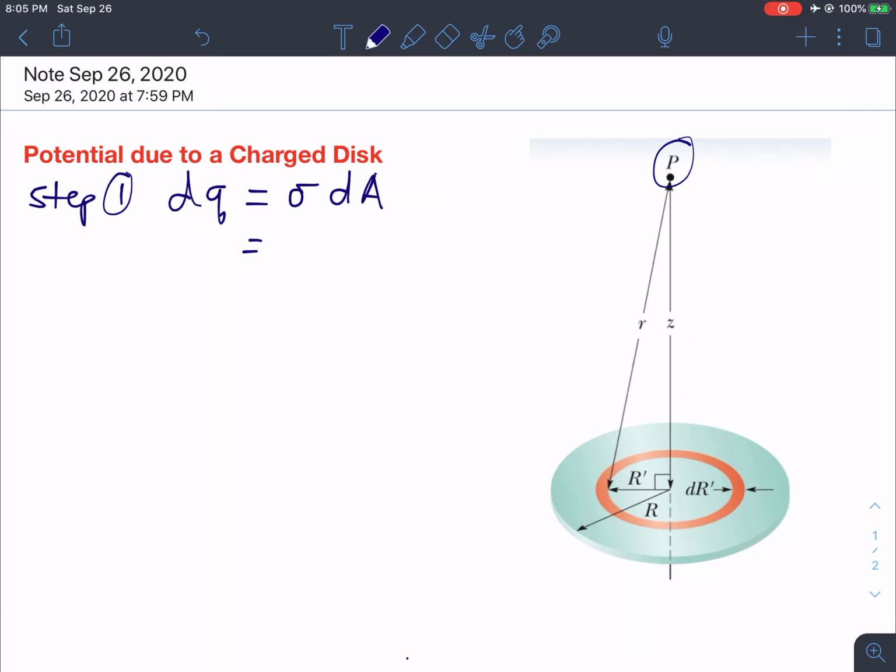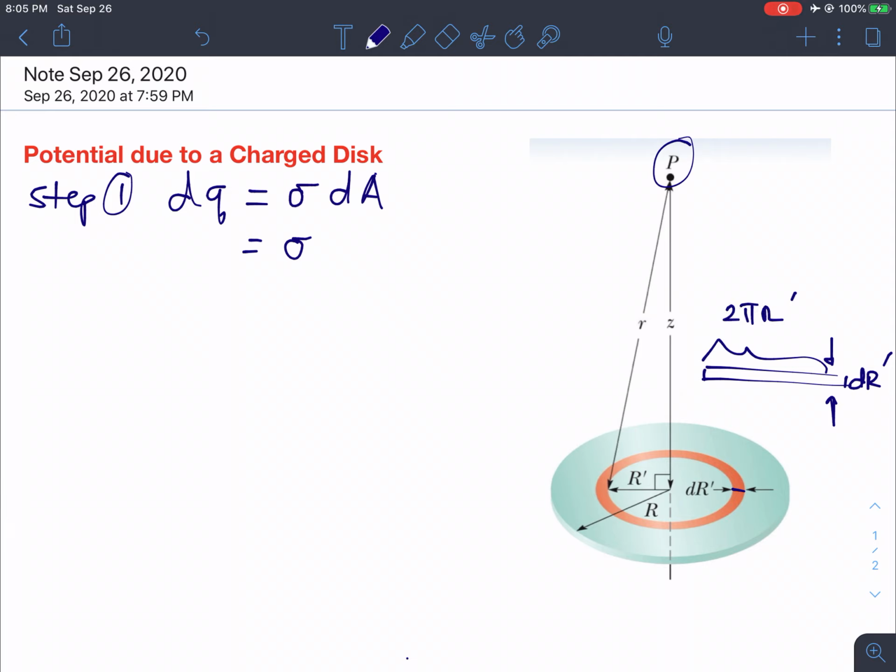So that is sigma. And dA here is the area of the ring. So if you open up that ring, I'm just going to draw it here. Think about that, I cut it somewhere here and then open that up. It's going to be something like this, right? So the thickness, from here to there, is dr prime. And this side is going to be the circumference, so it's going to be 2 pi r prime.